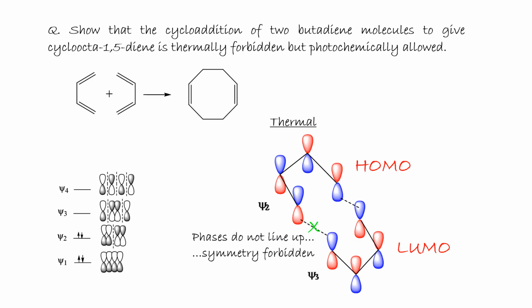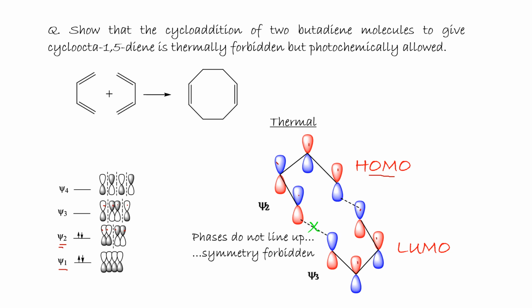Show that the cycloaddition of 2 butadiene molecules to give cycloocta-1,5-diene is thermally forbidden and photochemically allowed. One more time here, we have Psi1, Psi2, red, red, blue, blue.